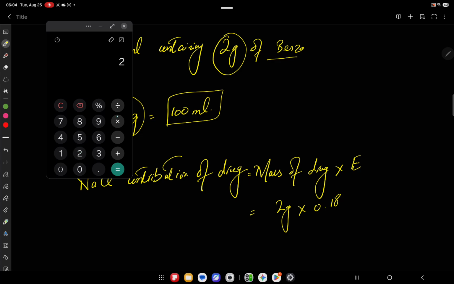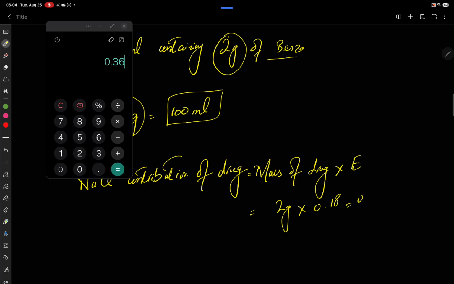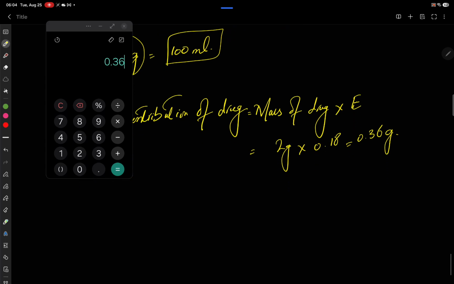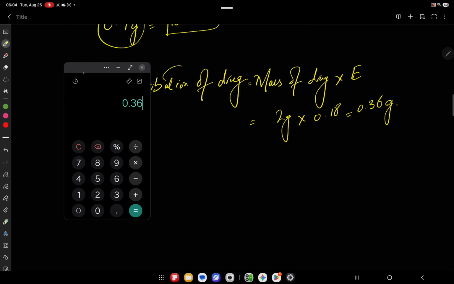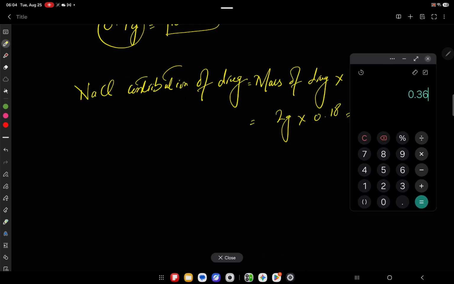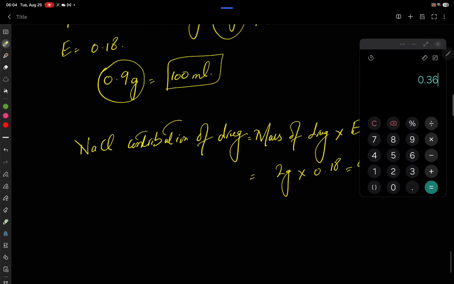So 2 into 0.18 will be equal to 0.36 grams. Now we have to subtract 0.36 from the actual amount of NaCl needed, that was 0.9 gram.